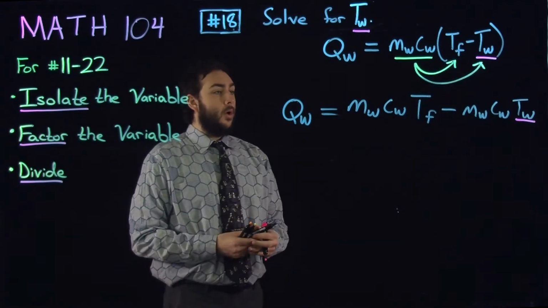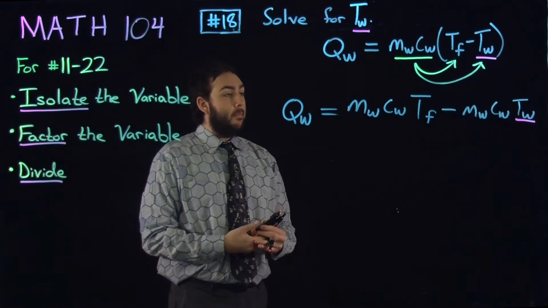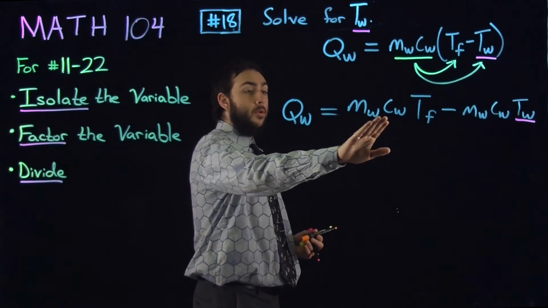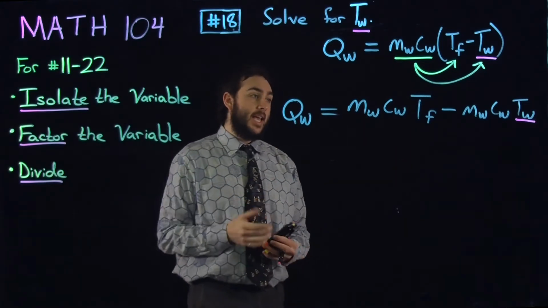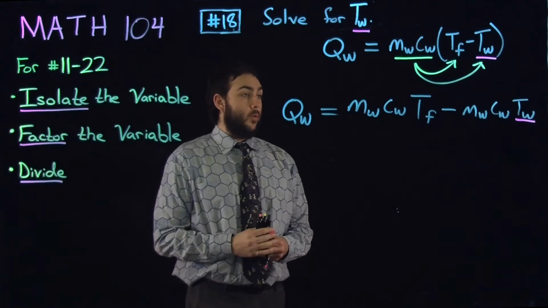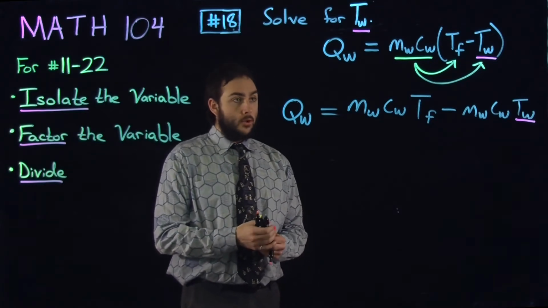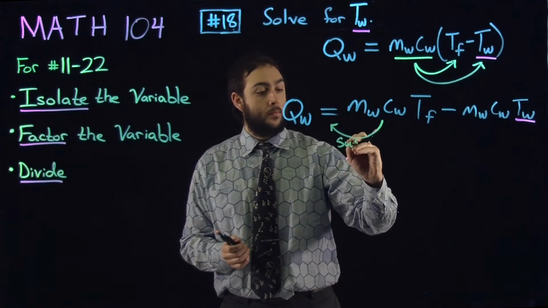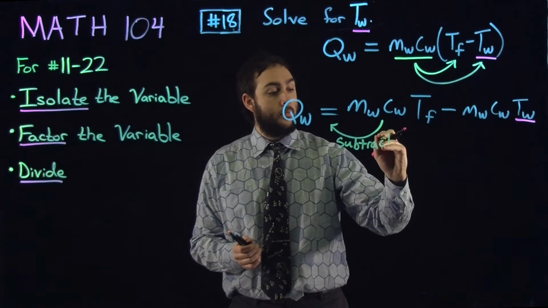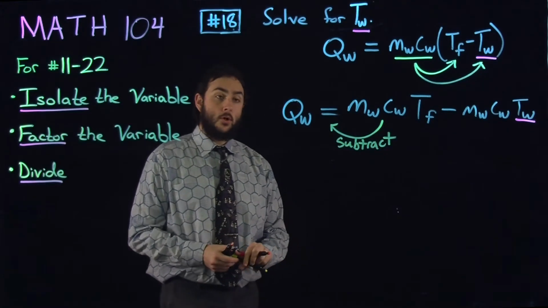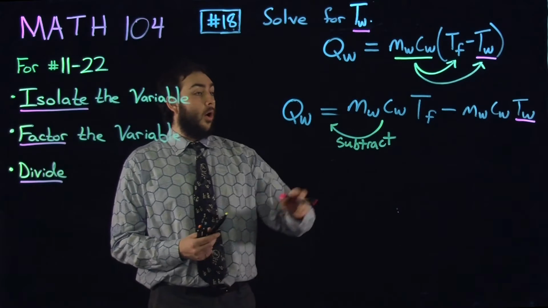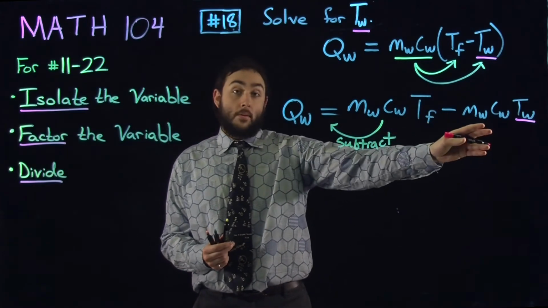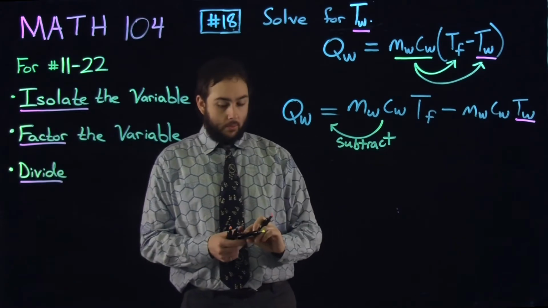Okay, so on the right we see many terms, but this first product, m sub w, c sub w, t sub f, does not contain t sub w, the term we want to solve for. So what we're going to do is subtract this term to the other side so that the only terms on the right all contain t sub w, the variable that we want.